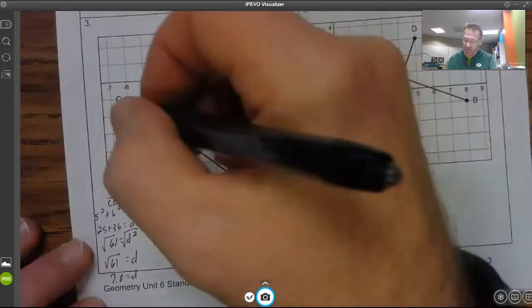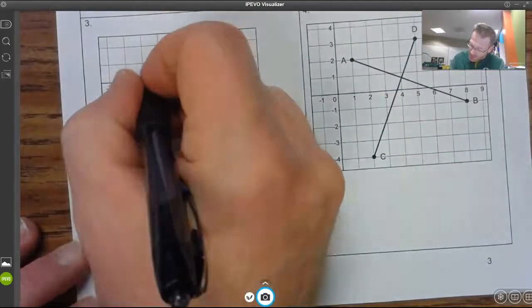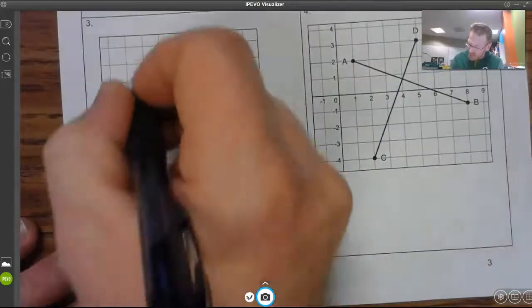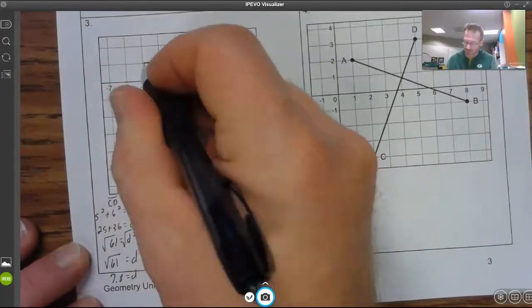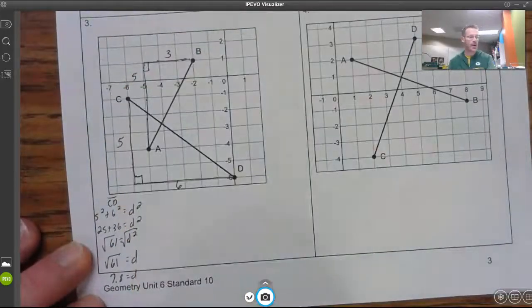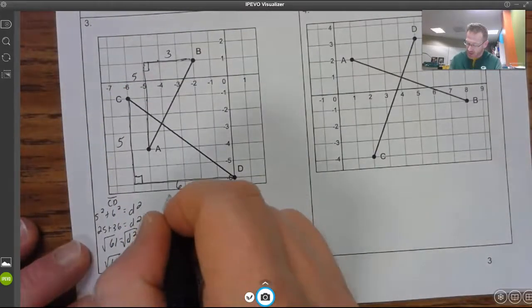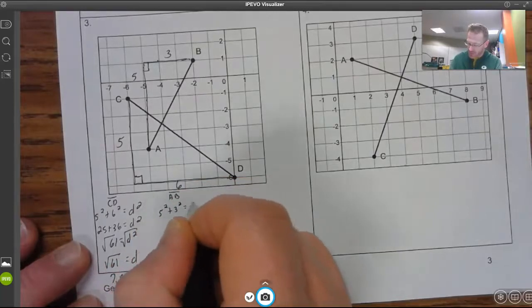So now let's look at AB here. Let's draw this right triangle in right here. I probably should have put in my right angle box there. 1, 2, 3, 4, 5. 1, 2, 3. And when I look at AB here, 5 squared plus 3 squared equals D squared.